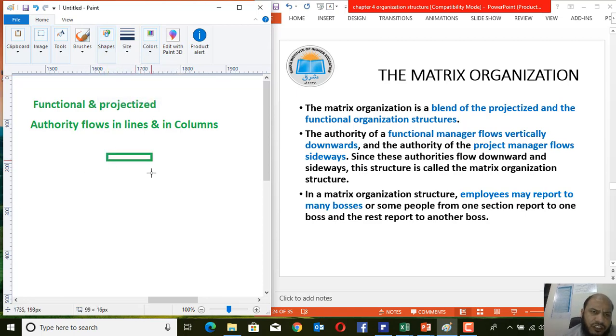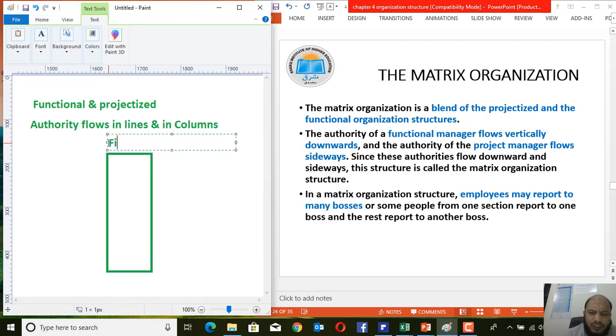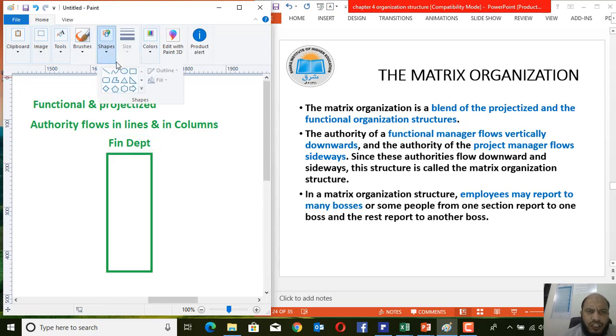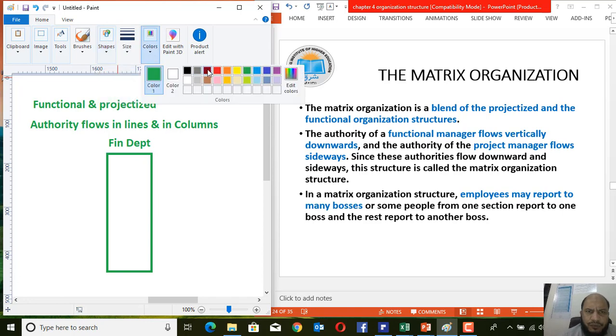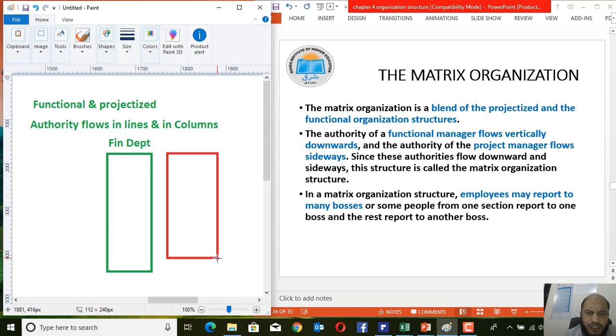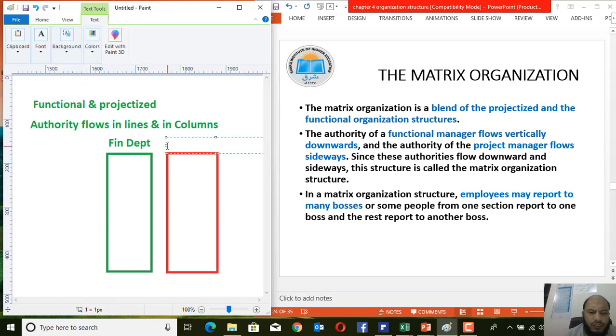Consider that this is a functional organization structure, and this is the finance department, FIN DEPT. At the same time this organization also has another functional department, the human resource department, HR DEPT.